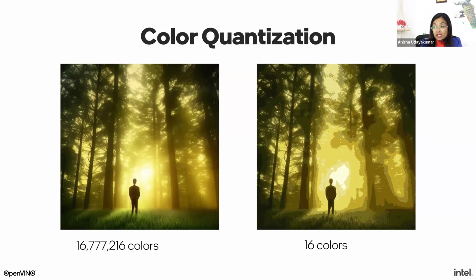The one that has better clarity has 16 million colors, whereas the right one has lesser quality, but it still conveys what the image wants to convey. There is a man standing in a forest that has fire or bright light, but the difference is it just has 16 colors to it. So that's what quantization means.